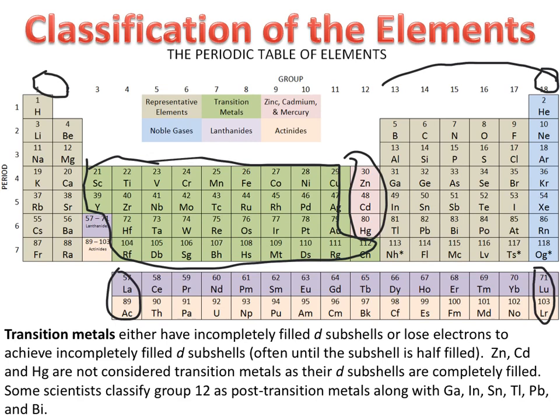At the bottom, as I indicated, are the lanthanides and the actinides. For this lecture series, we will not be looking at what happens amongst the transition metals or the inner transition metals, but primarily focusing on the representative elements.